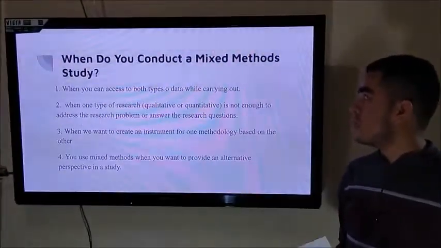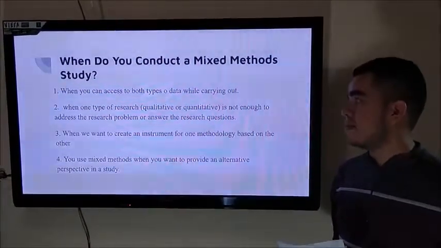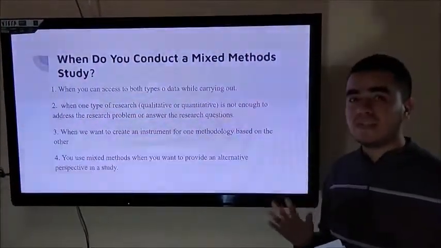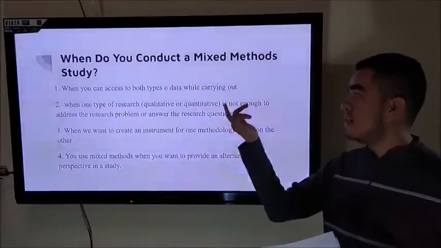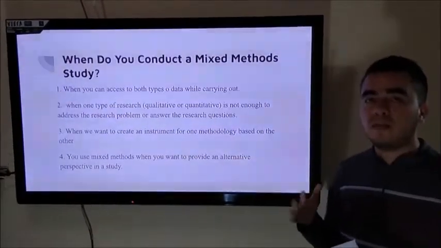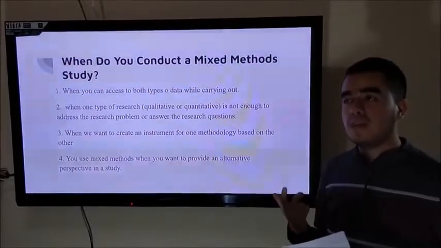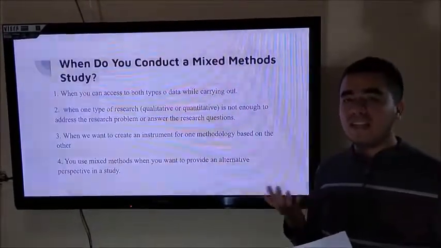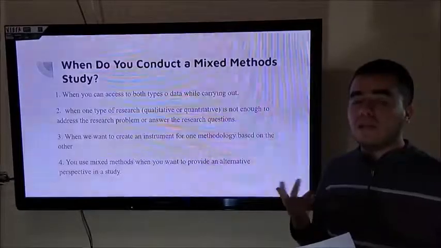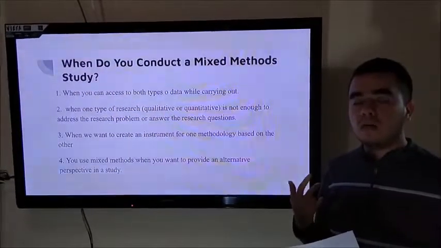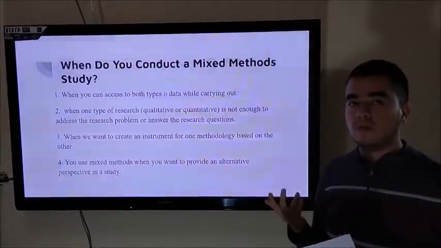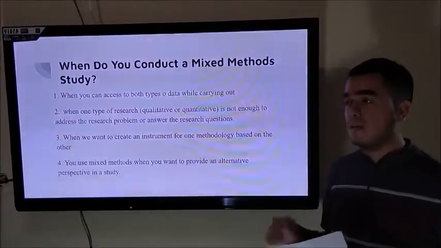So when do you conduct a mixed method study? The general case is, first, when you have both types of data, qualitative and quantitative, available. After that, you have to see if the phenomenon requires a mixed method research design, and you also have to include validation.